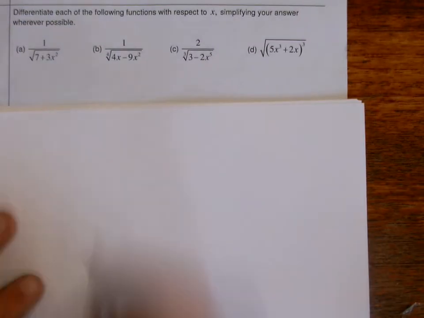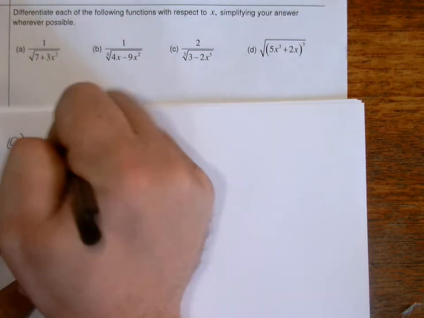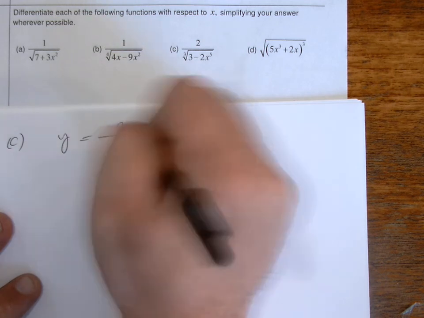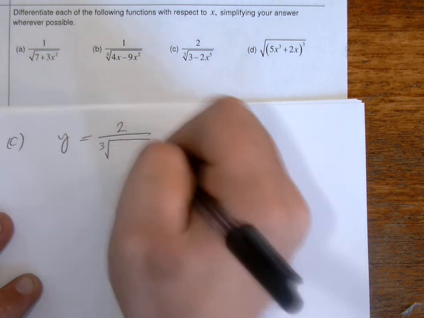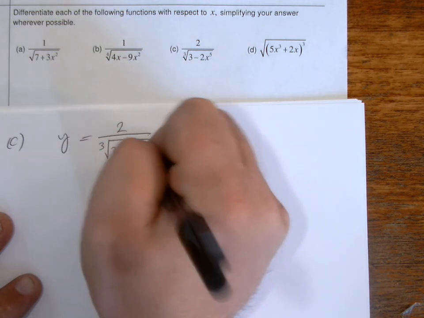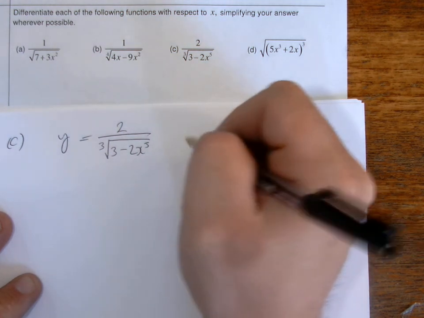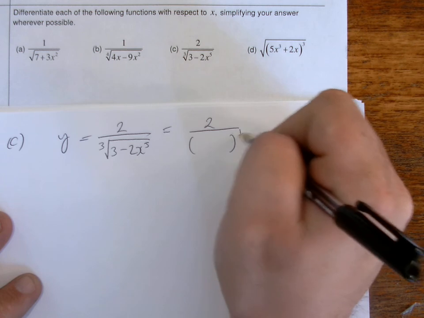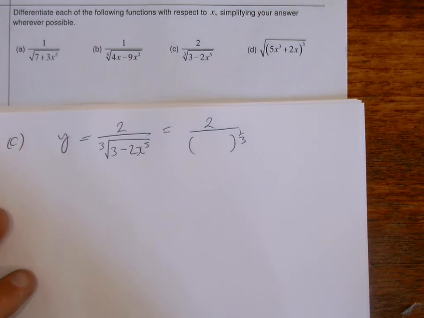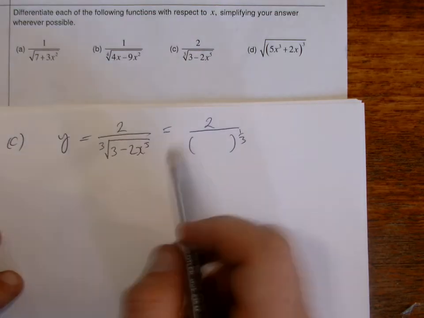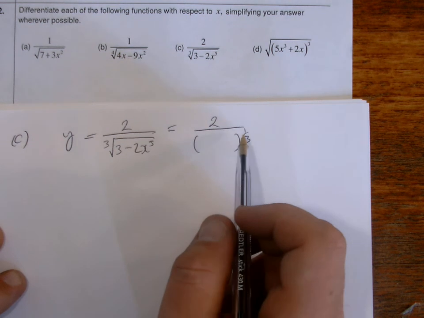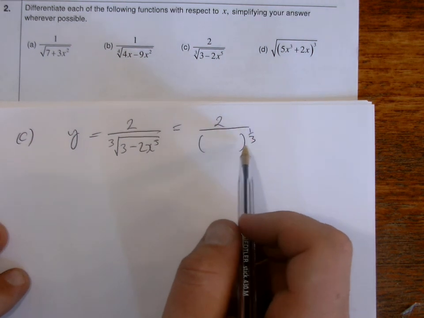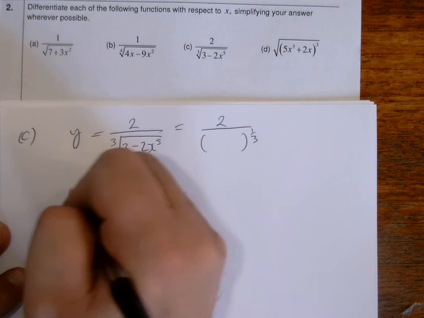With C then, we've got y equals 2 over cube root 3 minus 2x to the power 5. Well, remember cube root is a bracket to the power 3rd. So then bracket to the power 3rd on the bottom, we'll take that up, so become minus 3rd.